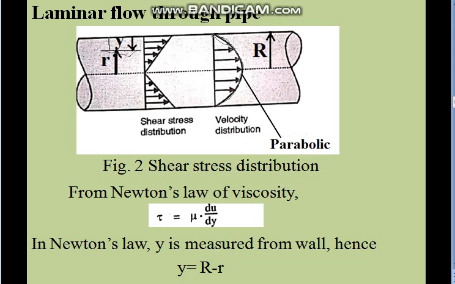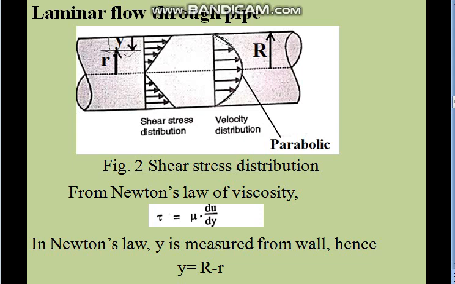Now from Newton's law of viscosity, shear stress tau is equal to mu du by dy. du is the change of velocity in the radial direction and dy is the change of distance from the wall. So earlier we took the distance from the center line, but this Newton's law of viscosity requires the distance to be measured from the wall.